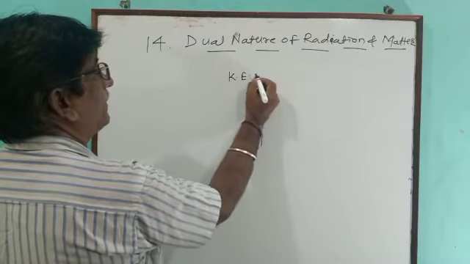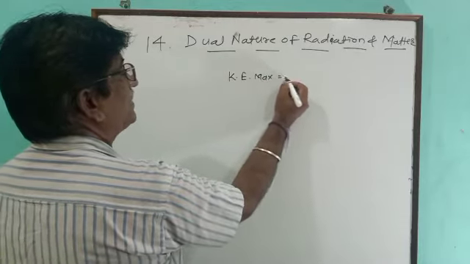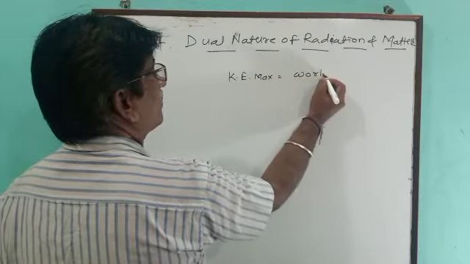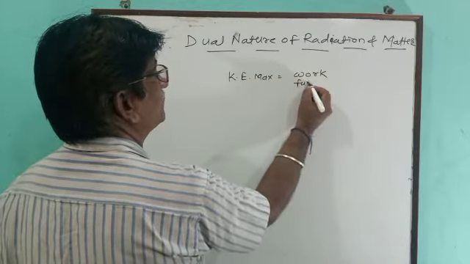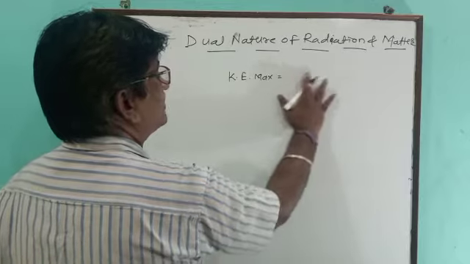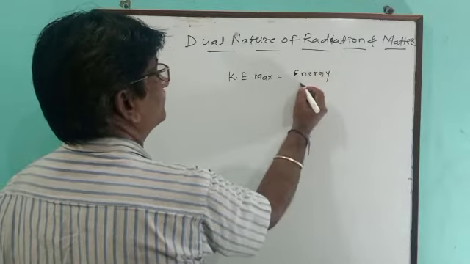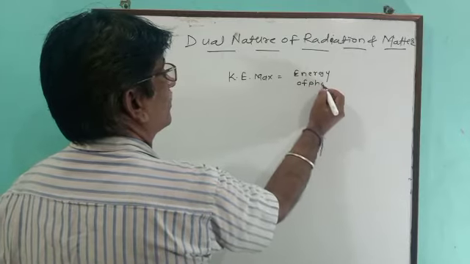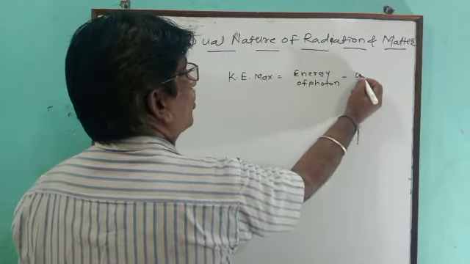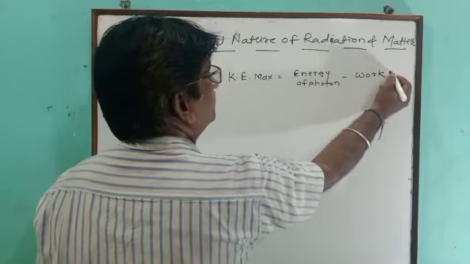That equation is: maximum kinetic energy is equal to energy of photon minus work function.